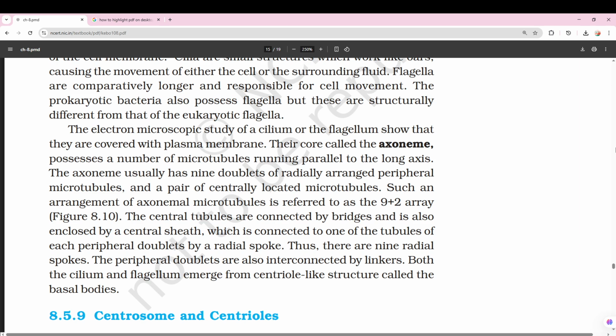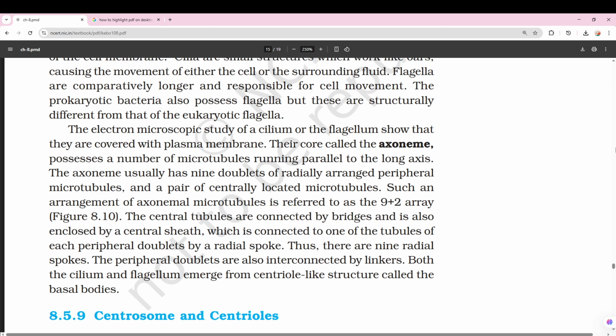The electron microscopic study of a cilium or flagellum shows that they are covered with the plasma membrane. Their core, called the axoneme, possesses a number of microtubules running parallel to the long axis. The axoneme usually has 9 doublets of radially arranged peripheral microtubules and a pair of centrally located microtubules.